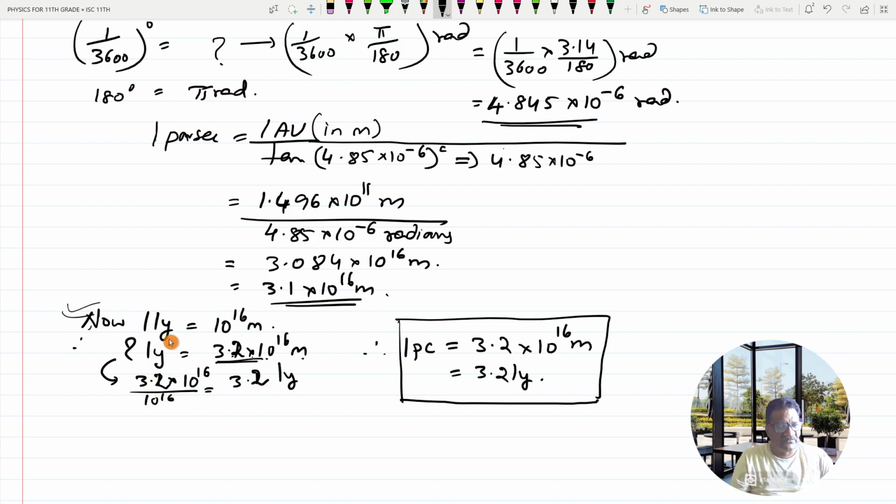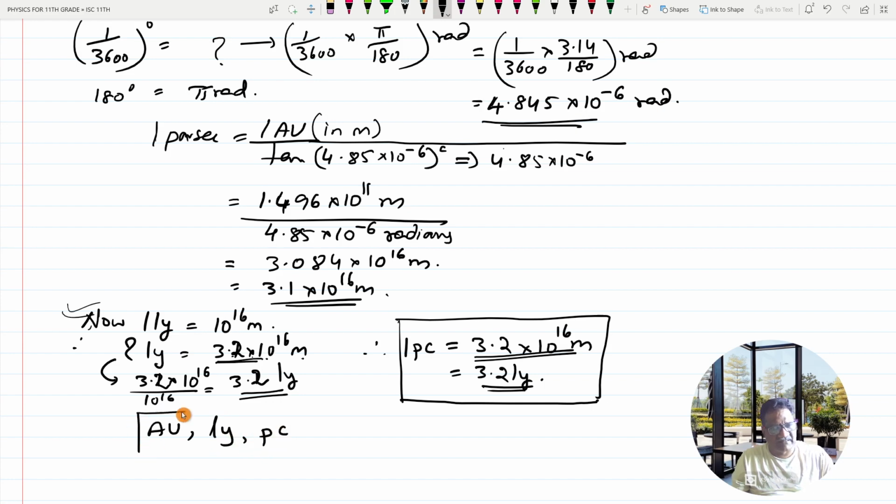So 1 parsec is equal to 3.2 light years, and 1 parsec is equal to 3.2 into 10 raised to 16 meters. So with this, I have made an attempt to make you understand these bigger units of length, which are the astronomical unit, light year, and the parsec, PC.